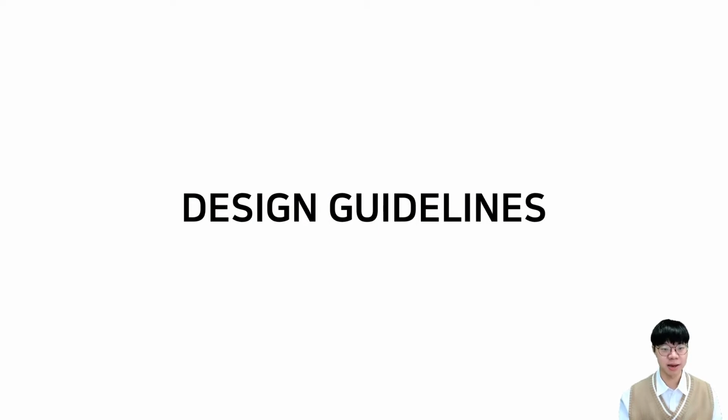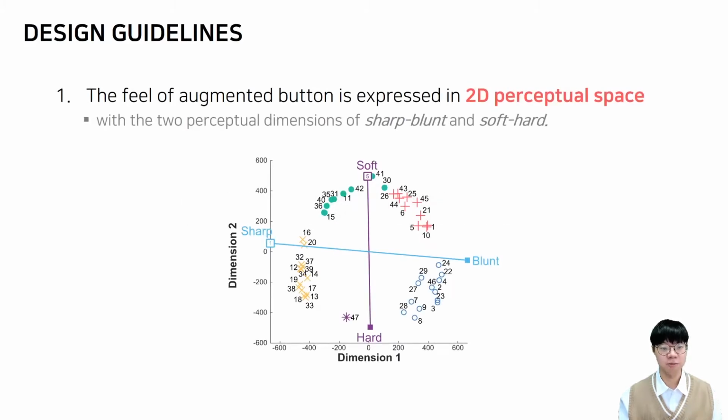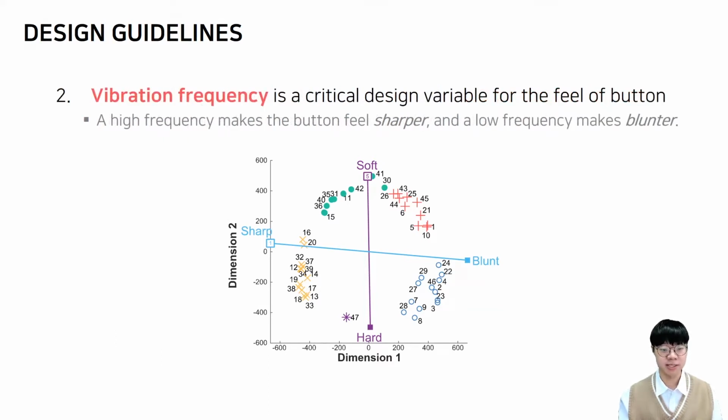Finally, we suggest major guidelines of effective augmentation for physical buttons. First, the feel of the vibration-augmented button is well expressed in the two-dimensional perceptual space with the two perceptual dimensions of sharp-blunt and soft-hard. Second, the vibration frequency is the critical design variable for the feel of the button.